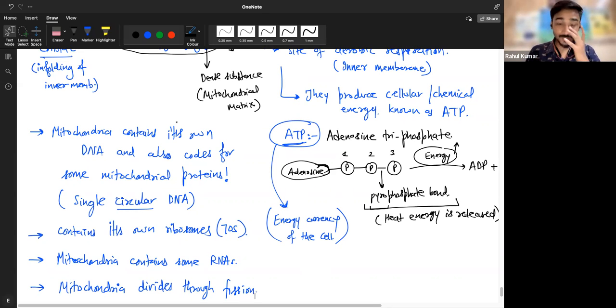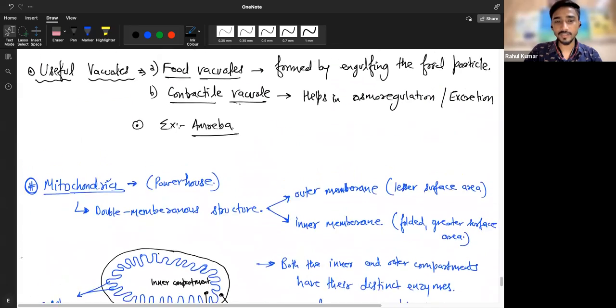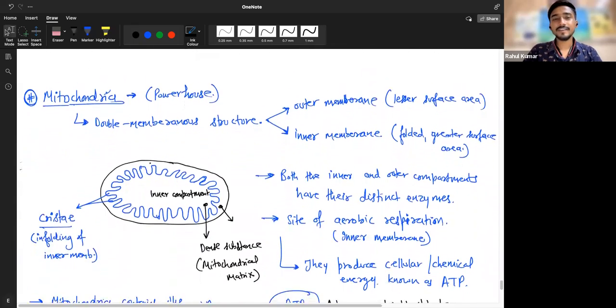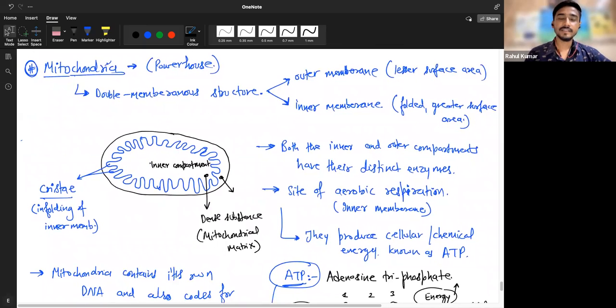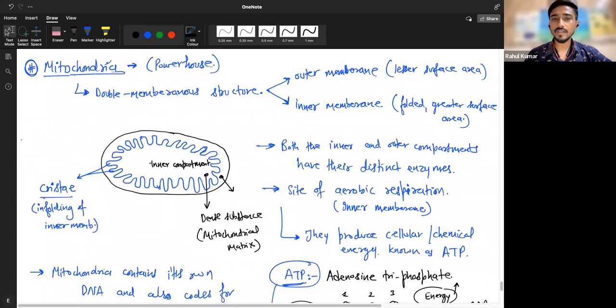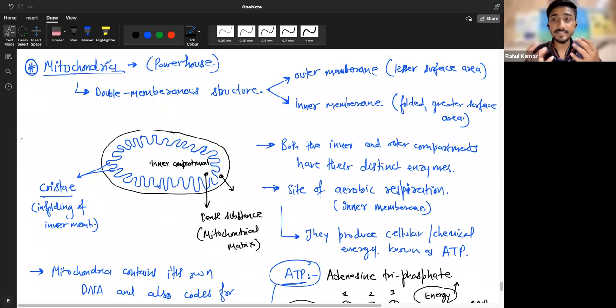So this whole theory, where did it come from? When scientists started studying mitochondria, they were amazed. If something evolved inside the cell, like endoplasmic reticulum or Golgi body, which evolved inside the eukaryotic cell, it cannot have its own genetic material.